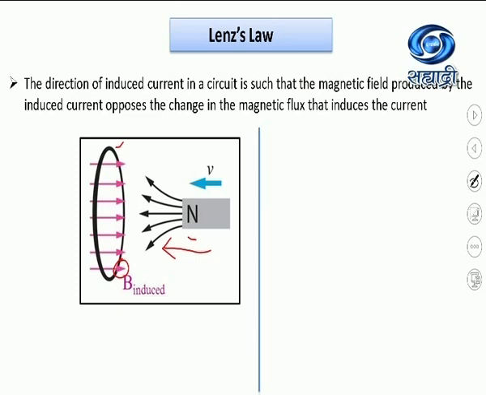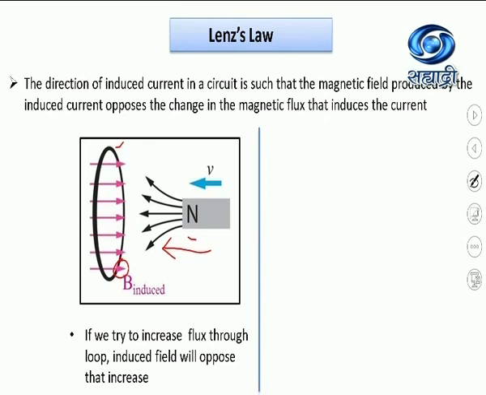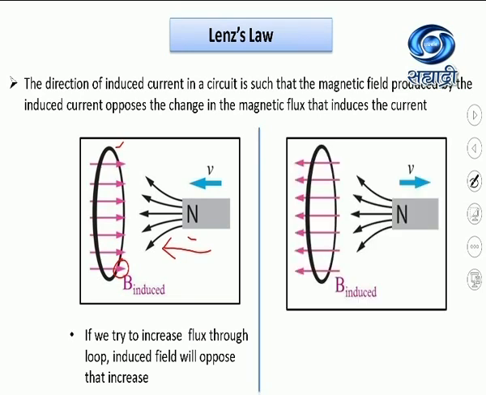So here the flux in the coil is generated due to the induced EMF in the coil, and that will oppose the increase in the magnetic flux. So if you try to increase the flux through the loop, the induced field will oppose that increase.